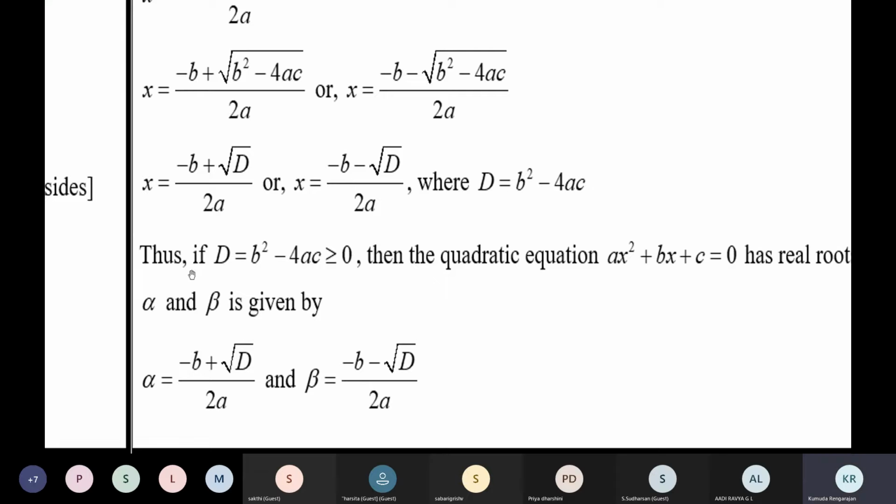Okay, so if b square minus 4ac is greater than or equal to 0, or if it is less than 0, what do we understand by greater than or equal to 0? Equal to 0, we understand. Greater than 0 means positive. Less than 0 meaning negative. Values less than 0 are negative values.